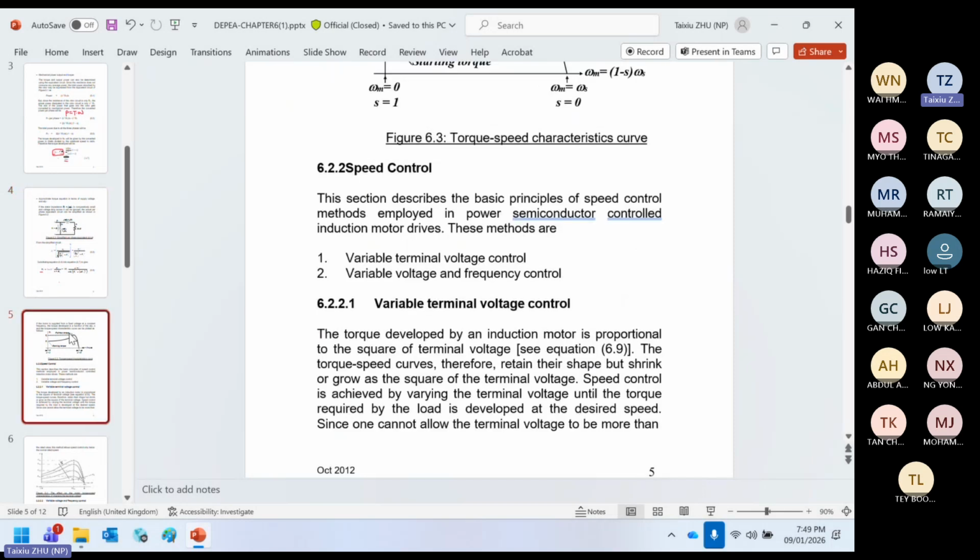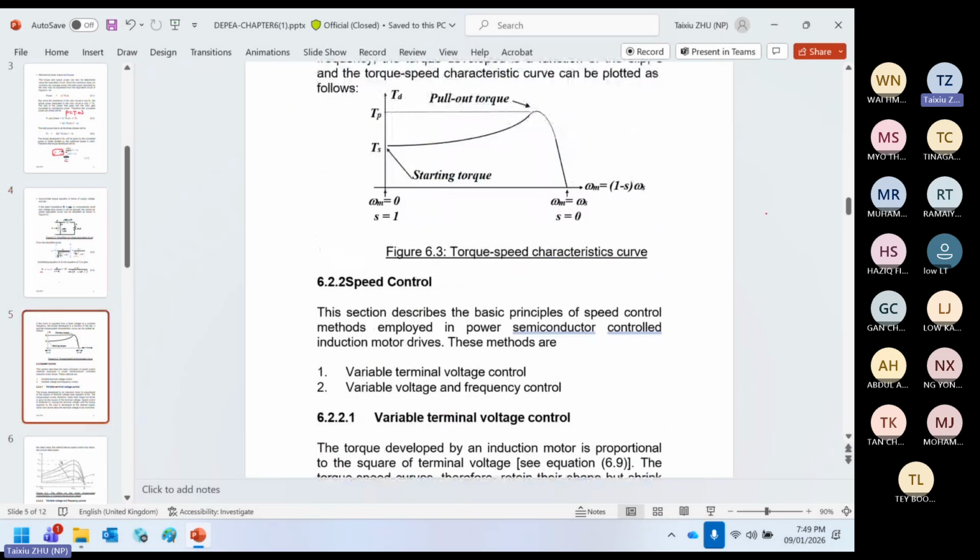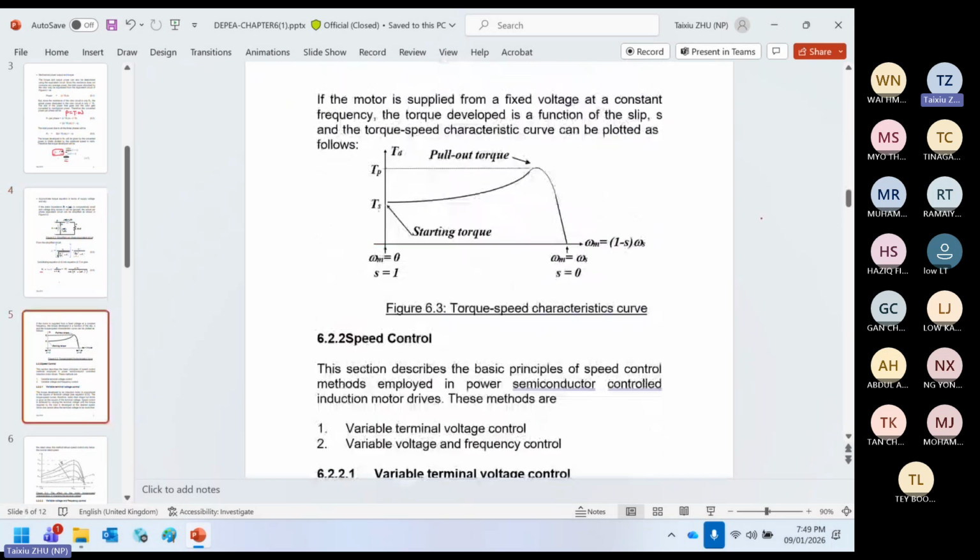But anyway, we can sketch this. If we sketch this, we see something like this. So this is the torque speed characteristic. Meaning when the motor is not running, the slip is 1.